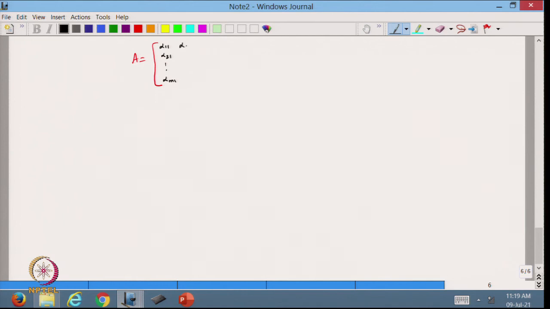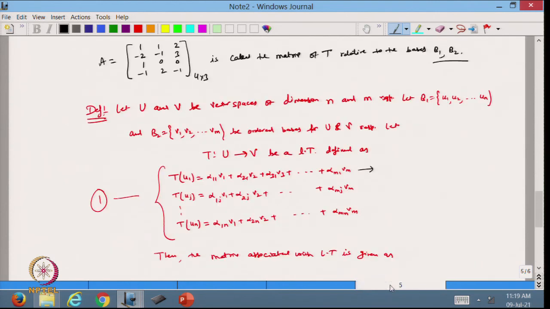Then I can define alpha 1 2, alpha 2 2, alpha m 2. And so on up to alpha 1 n, alpha 2 n and alpha m n. So, we are defining the matrix of order m cross n. This is the matrix A.